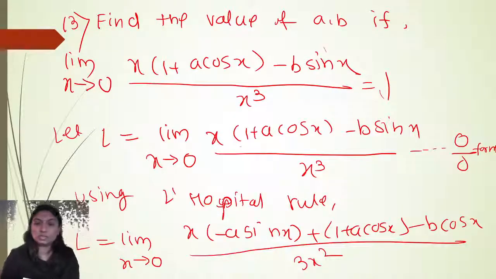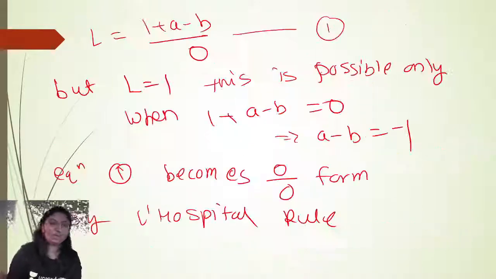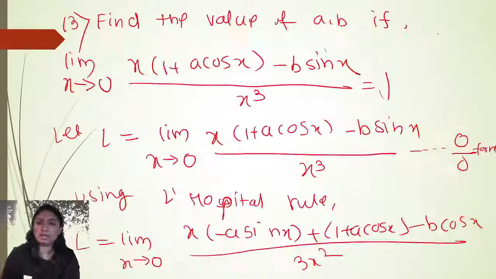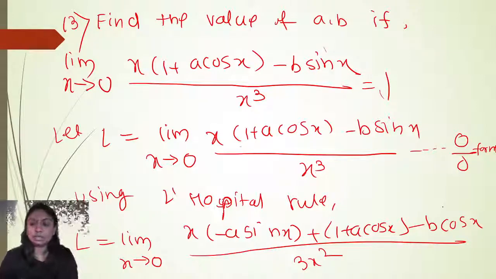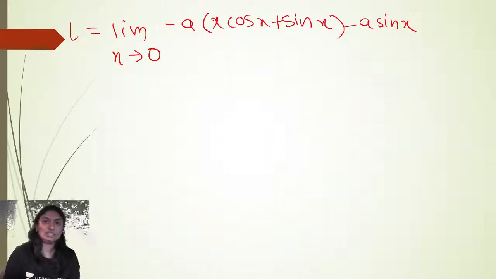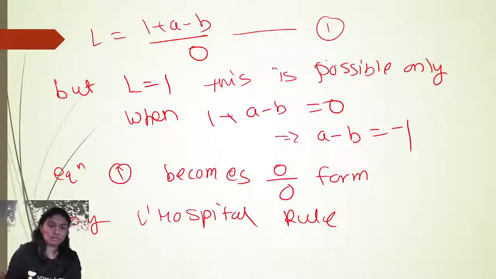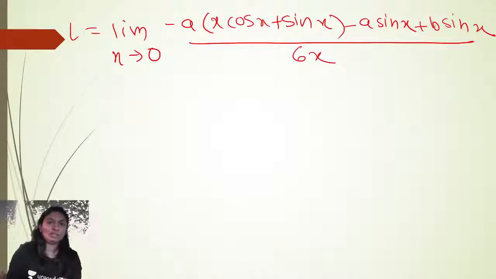Now here first a cos x, derivative of 1 is 0, and a cos x minus a sin x, you will get here minus a sin x, and again derivative of b cos x is minus b sin x, so plus b sin x, upon 3x square, derivative of 3x square is 6x.